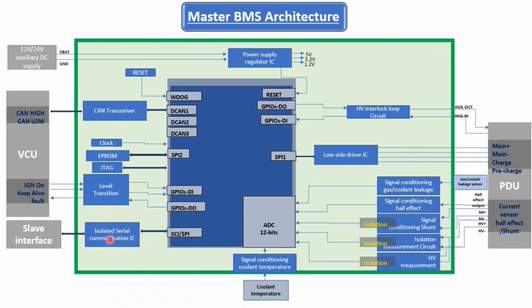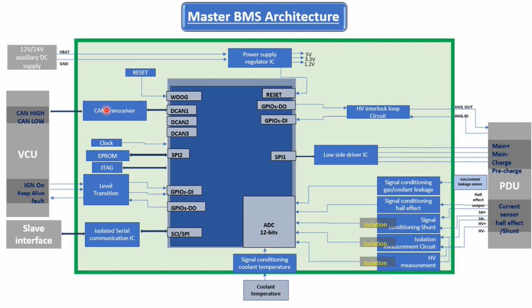Through some protocol, the information will be taken from the slave BMS, and all other parameters such as other sensors, voltages, and currents will come to the vehicle control unit through the CAN transceiver. So it can transmit the data as well as receive the data.